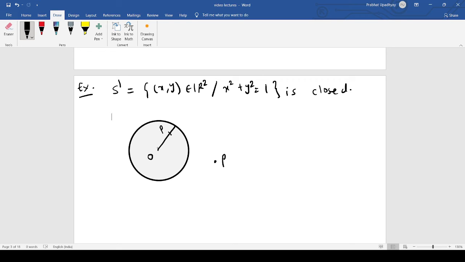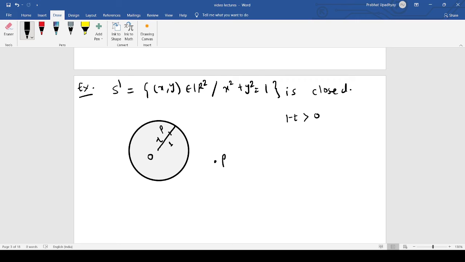Let's analyze the distance between 0 and P. We know that this total distance is the radius of your unit circle, that means it is 1. So you can say the distance between 0 and P is less than 1. Say this distance between 0 and P is equal to t. Then I have 1 minus t is greater than 0.